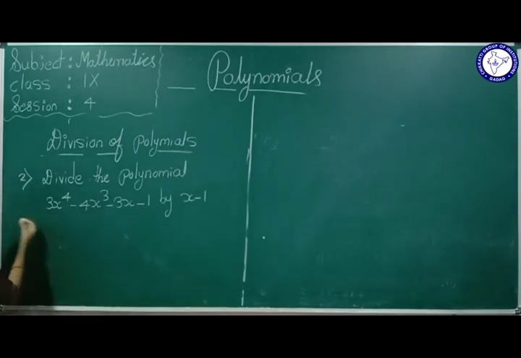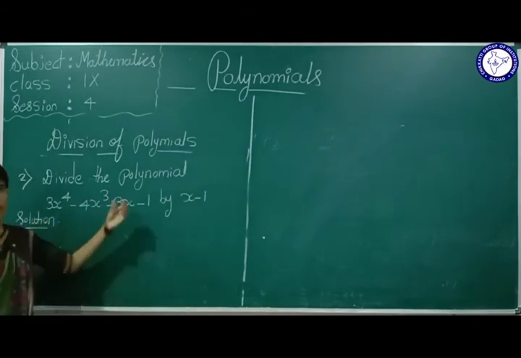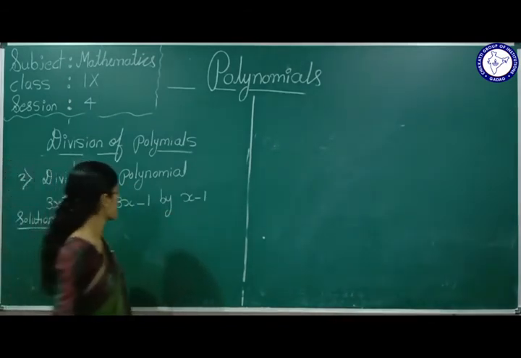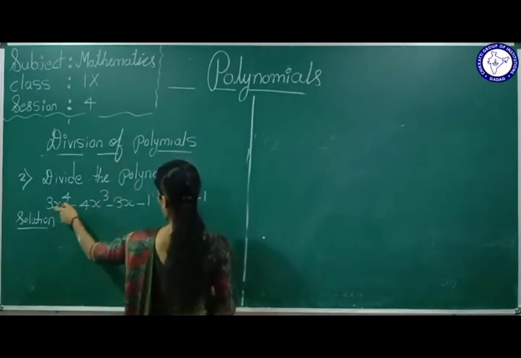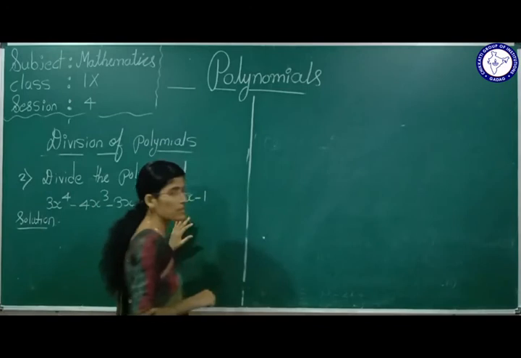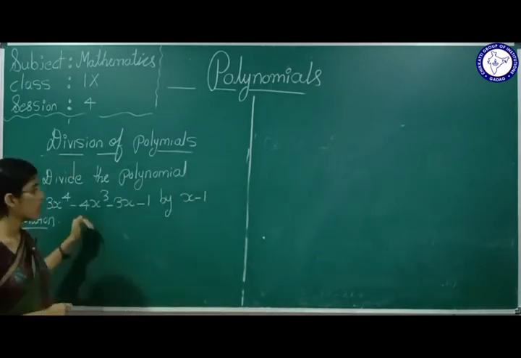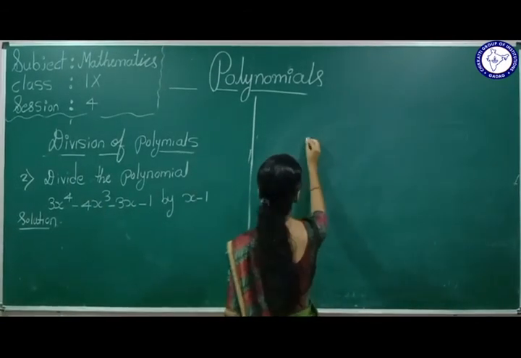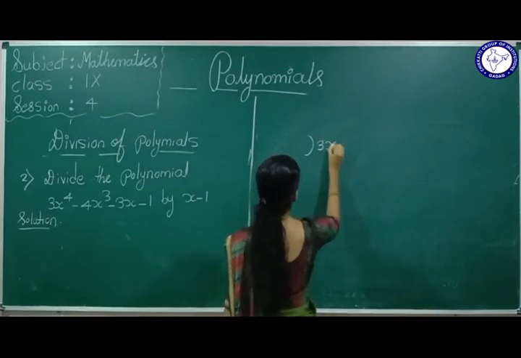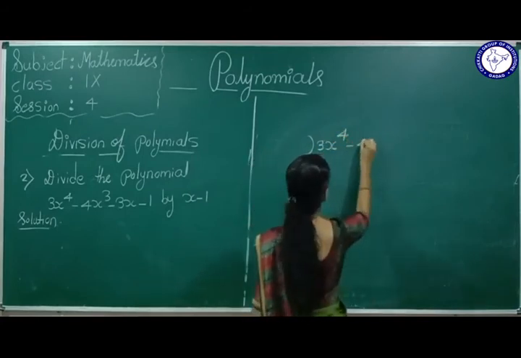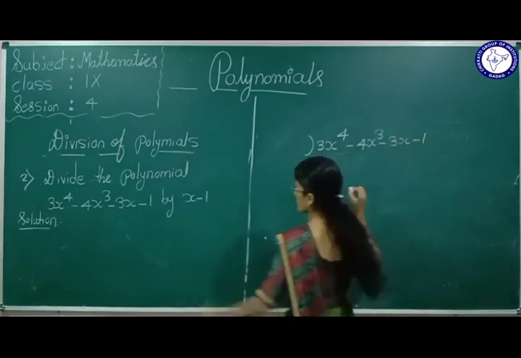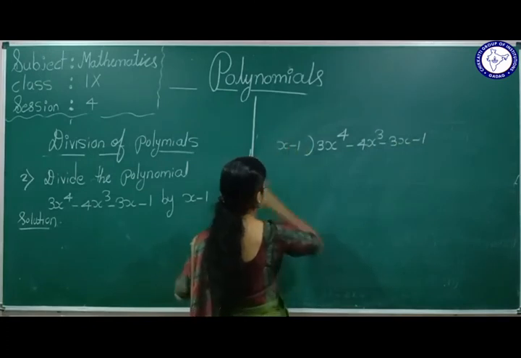Now see here, solution. What they told: divide this polynomial by x minus 1. First, write the dividend and divisor in decreasing order. That is, by seeing their variables' powers, we have to arrange it in decreasing order. The given polynomial is 3x raised to 4 minus 4x raised to 3 minus 3x minus 1, and the divisor is x minus 1.